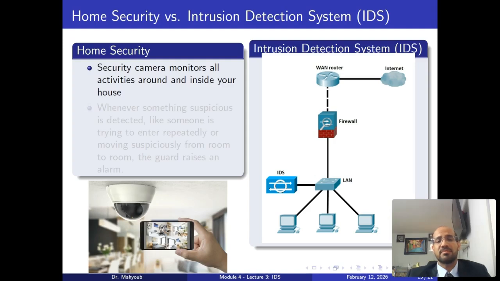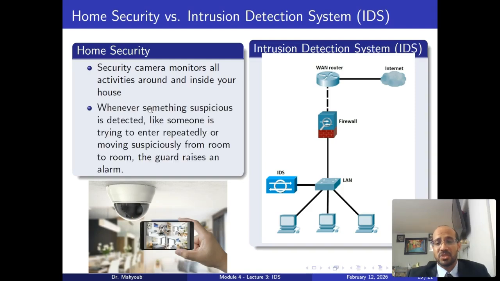The system monitors for any unusual movements, unauthorized entries, or something suspicious, like someone trying to enter repeatedly and moving suspiciously from room to room. And if the camera detects this, it sends an alert to your phone so you can take action, like, for example, calling the police.